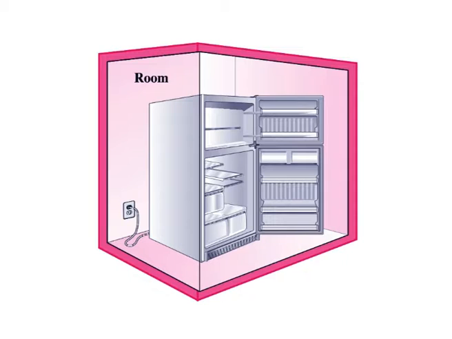If we take the entire room, including the air and the refrigerator, as the system, the only energy interaction involved is the electrical energy crossing the system boundary and entering the room. The conservation of energy requires the energy content of the room to increase by an amount equal to the amount of the electrical energy drawn by the refrigerator.